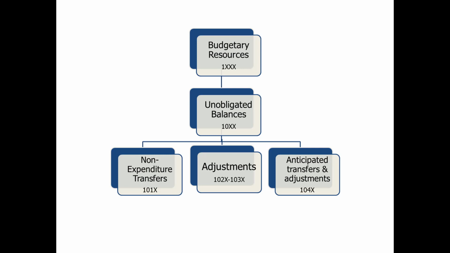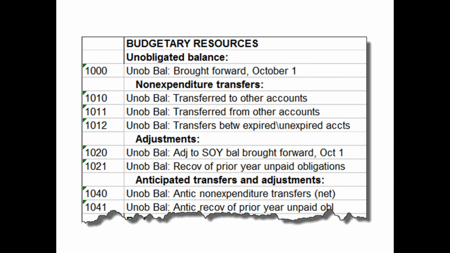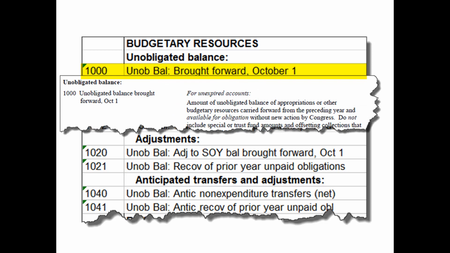Any transfer of an unobligated balance must be explicitly authorized by law. Let's take a closer look at the lines in the apportionment that correspond to these headings. The first and only line under the unobligated balance heading is 1000. Unobligated balances brought forward. As A11 Appendix F describes this, the amount of unobligated balance of appropriations or other budgetary resources carried forward from the preceding year and available for obligation without new action by Congress.